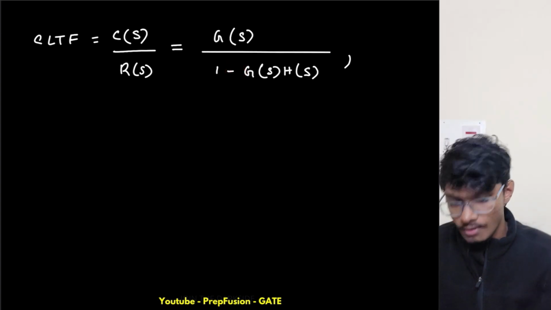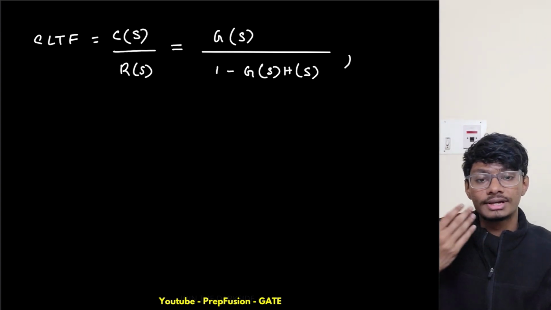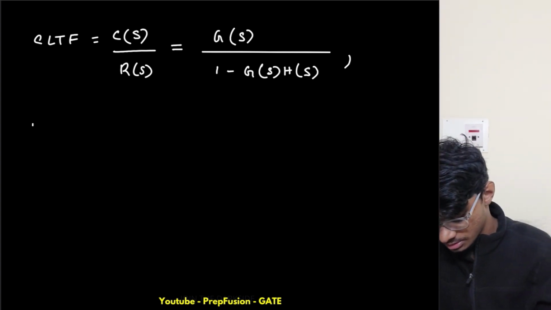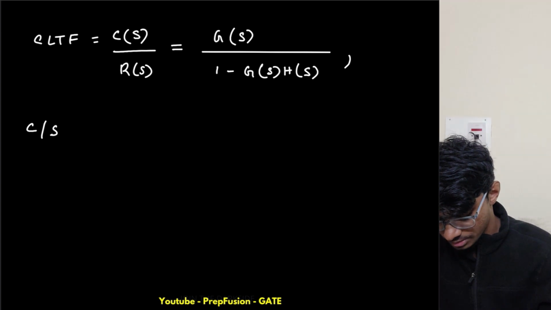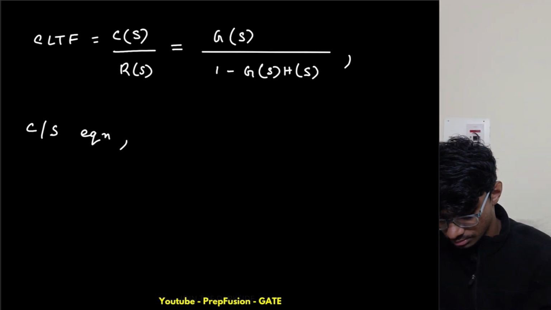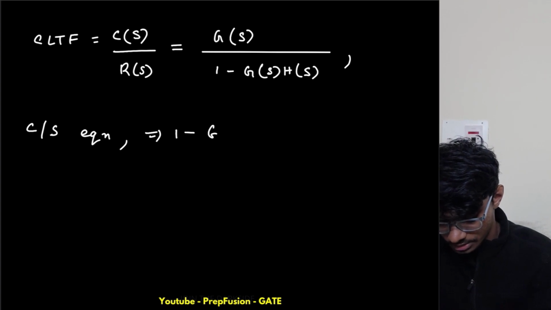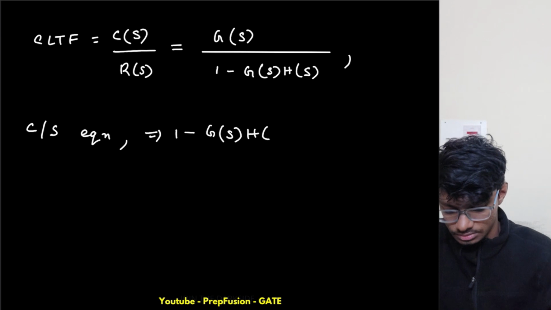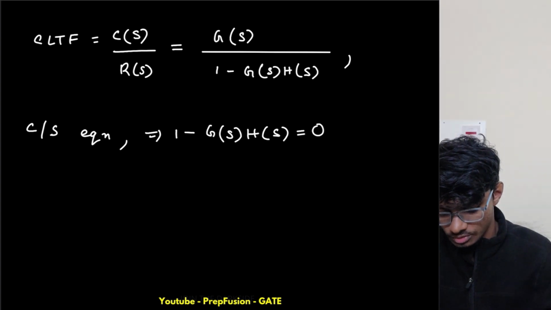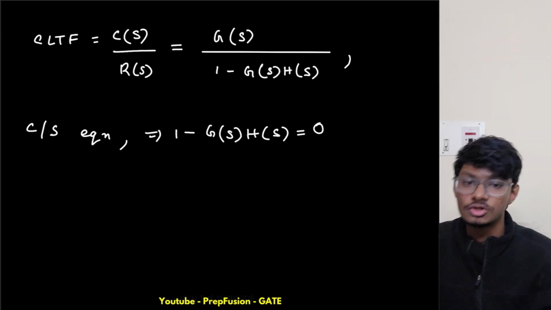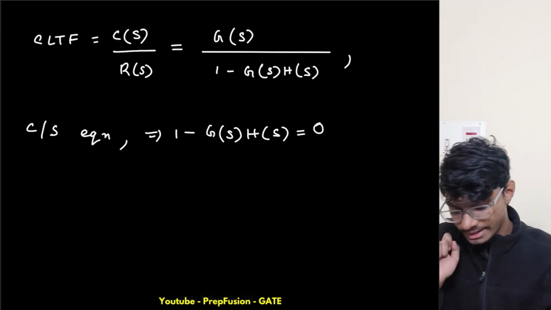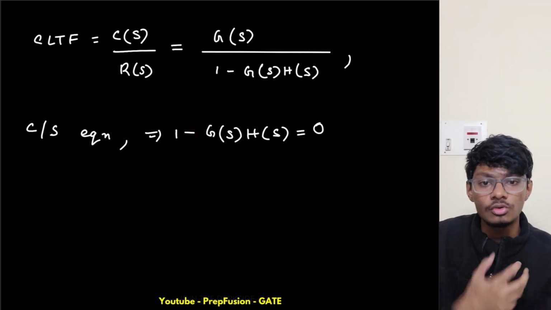So what does my closed loop characteristic equation become? It becomes 1 minus G of s into H of s, which is equal to 0. So here it has changed from plus to minus.